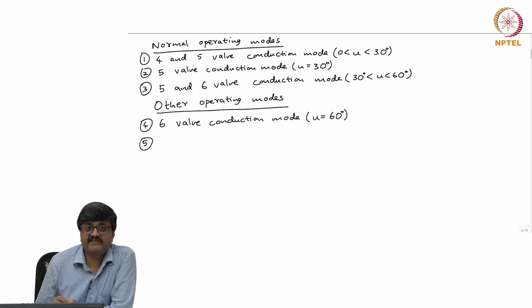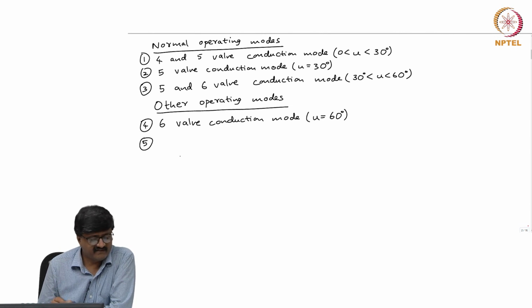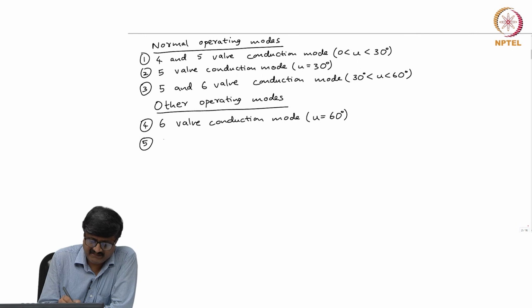If the 6 pulse converters operate in 3 and 4 valve conduction mode, that is u is greater than 60 and less than 120 degrees, then at any instant we will have 6 valves or 7 valves conducting, or 7 valves or 8 valves conducting. So, correspondingly we get 6 and 7 valve conduction mode.